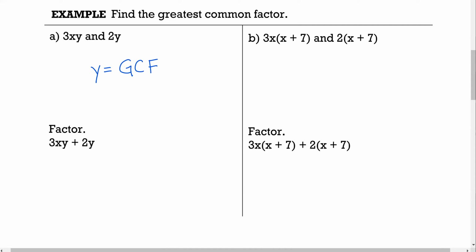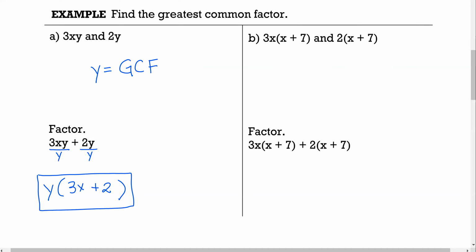So I'm going to factor that, then rewrite it as y multiplied to, right? And if I want to find my second factor, I can divide the first term by y and the second term by y, and that's going to give me 3x plus 2. So there we go. That's the result of factoring out our GCF.